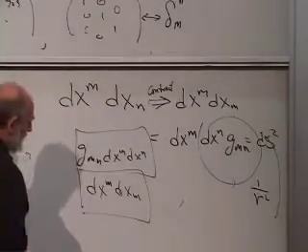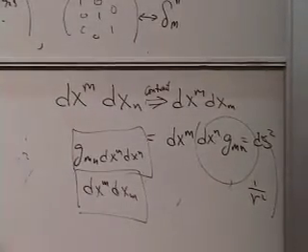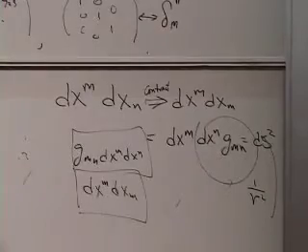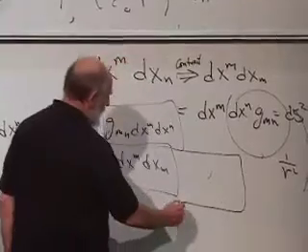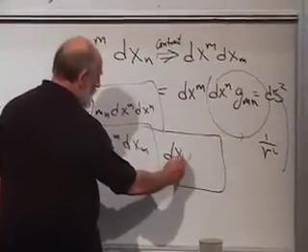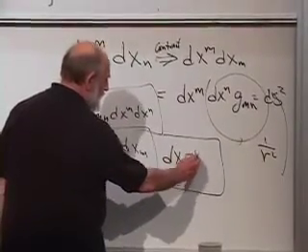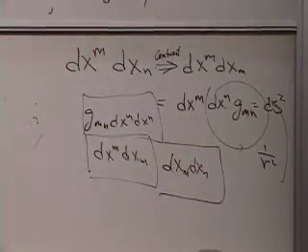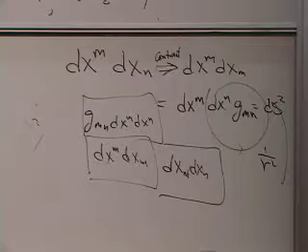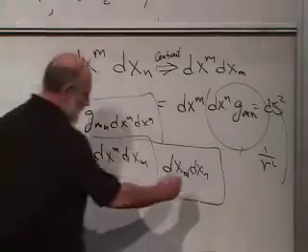In fact, there's another way that you could write the metric. A third way is to write two lower indices, dx_m dx_n, and what would I have to multiply it by? g with upper indices, indeed.